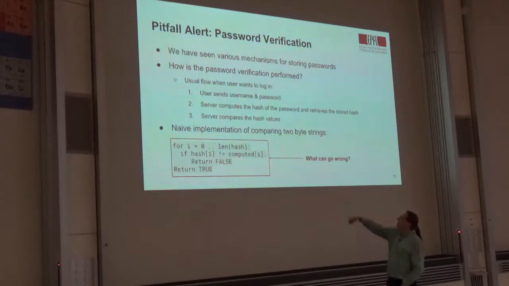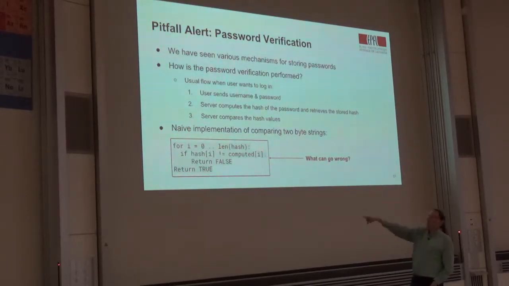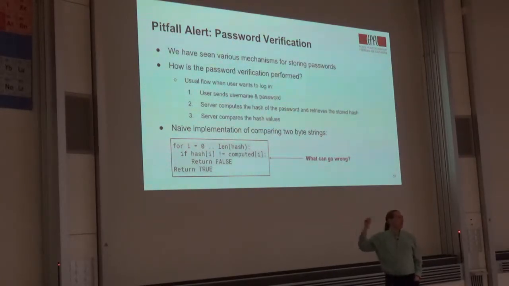For example, if you compare the newly hashed password against the hash, even the salted hash in the password database, one character at a time from left to right, that's a really bad idea, because the length of time it takes to decide that the password is invalid depends on how far through the password you got, right?